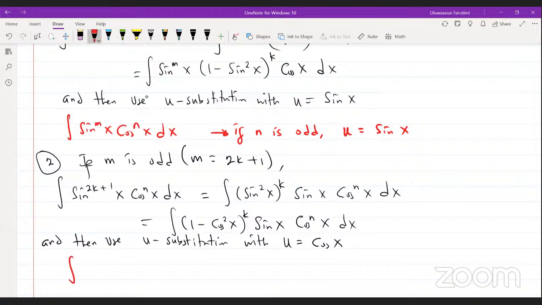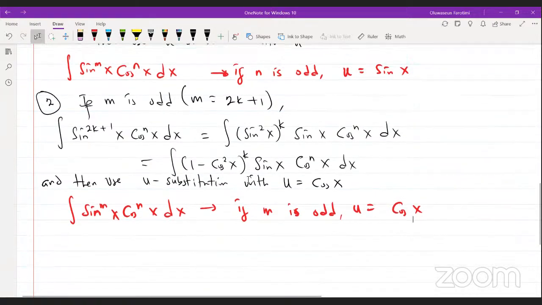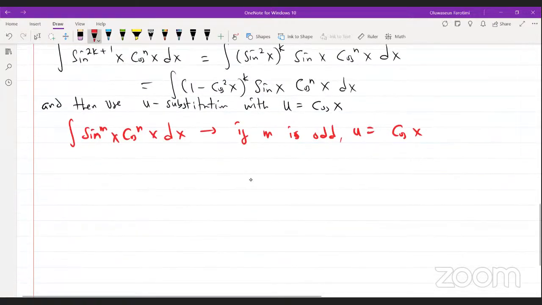When you're given a problem like this, sine mx cosine nx dx, if your m is odd, what kind of u sub do you use? You use u equals cosine of x. Okay, so we're going to solve examples that actually make you see better what we're talking about with these. Okay, so let's go to number 3.